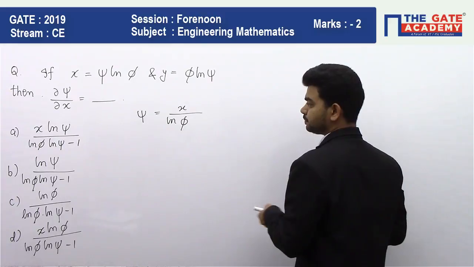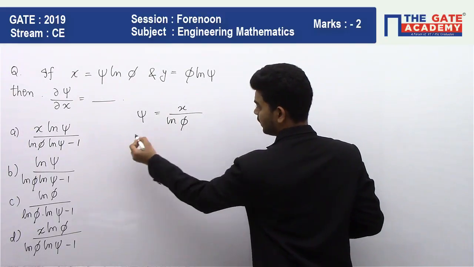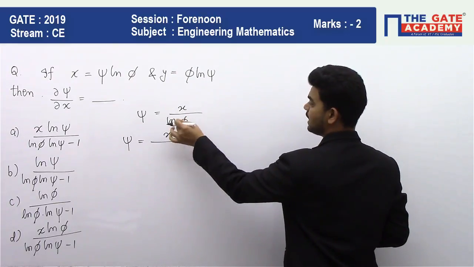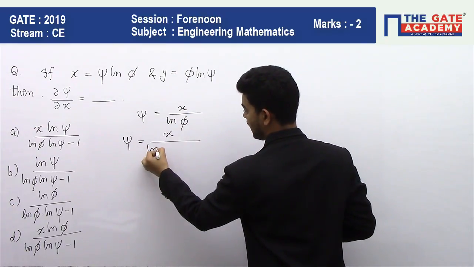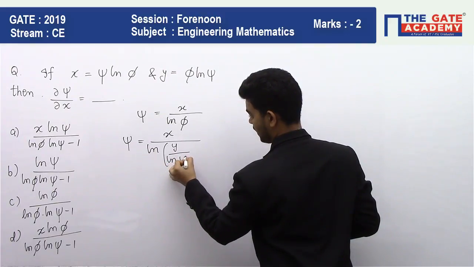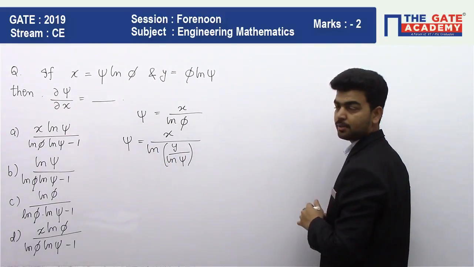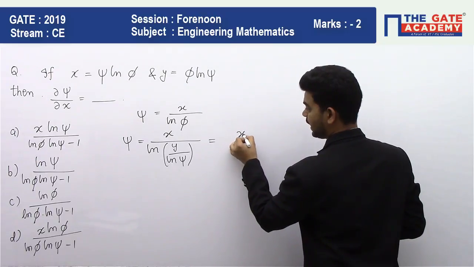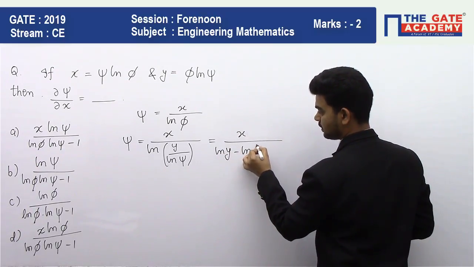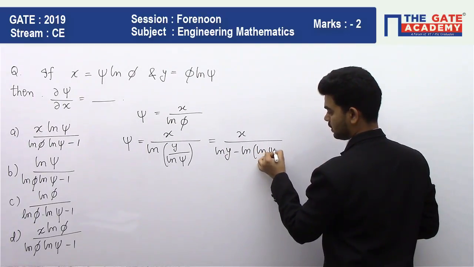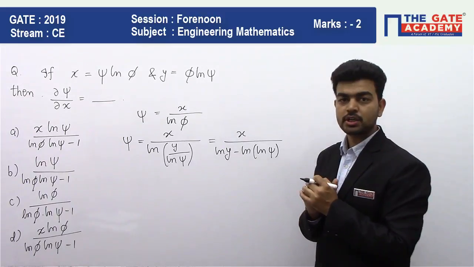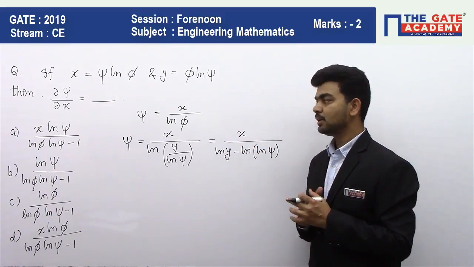Ln phi means ln y divided by ln psi, so here it will be x divided by ln y minus ln psi. Here we got our function in terms of x, y and psi.